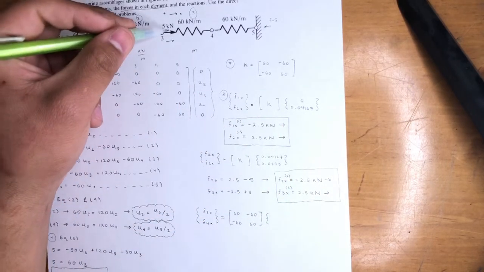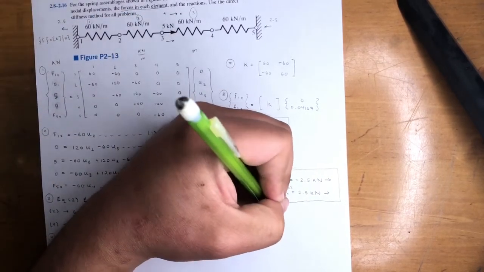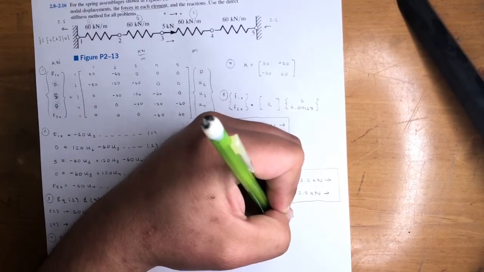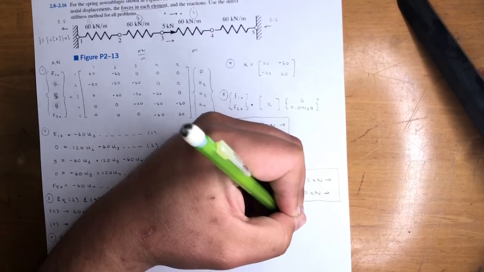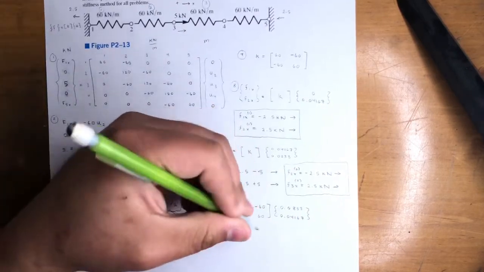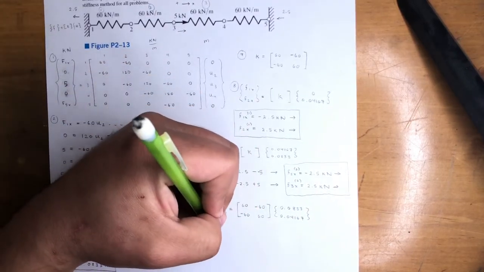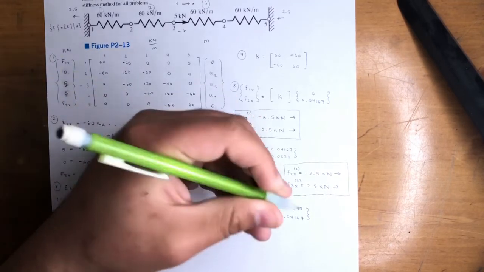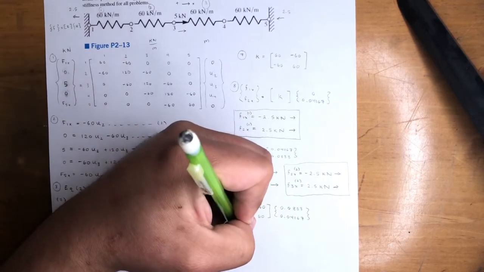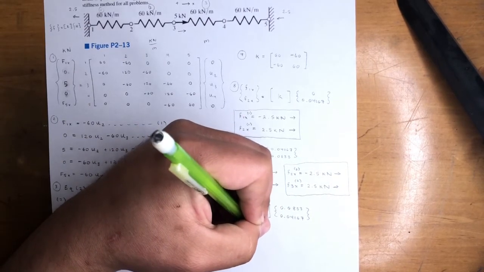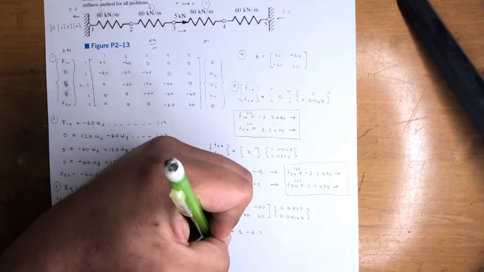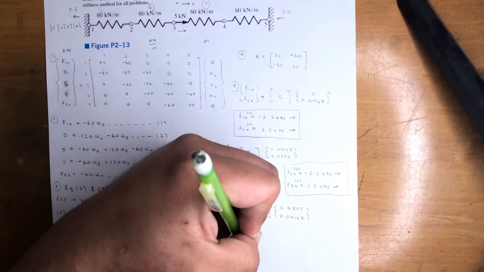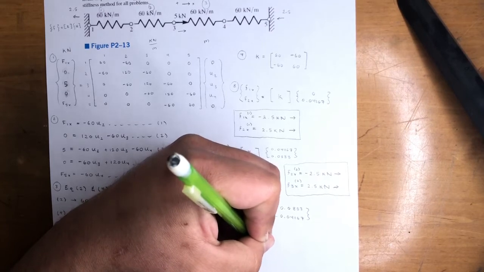Because between nodes 3 and 4, so it's 0.0833, 0.04167. Do the math, you will get F3x of element 3 is equal to 5 minus 2.5. And then similarly, F4x of element 3 is equal to negative 5 plus 2.5.